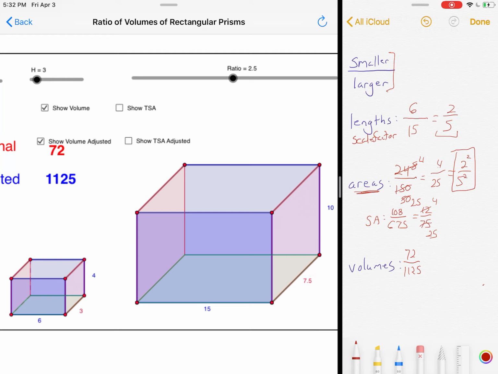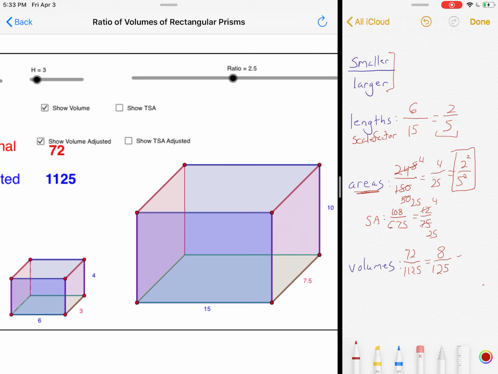Now, both of these are divisible by 9. So if we divide 72 by 9, we get 8. And 1,125 divided by 9 is 125.